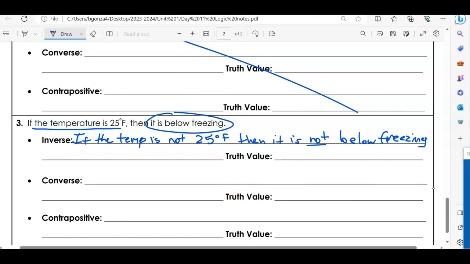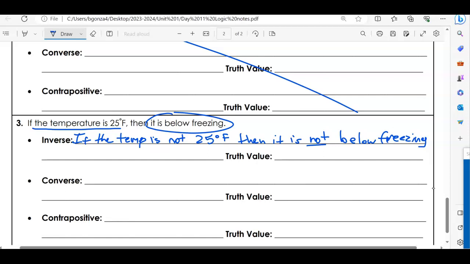Now, do y'all know what freezing is in Fahrenheit? That's Celsius. Okay, so Fahrenheit is 32 degrees, 32, freezing. So the first one, if the temperature is 25, then it's below freezing. That's the first thing up here is true, okay?